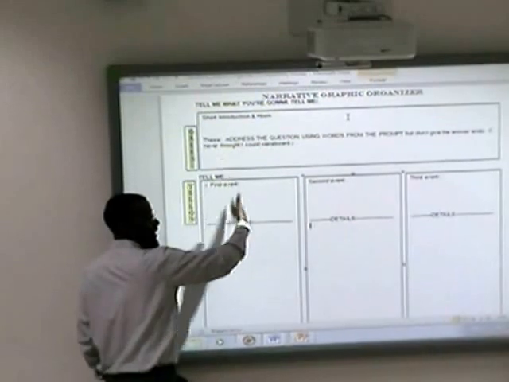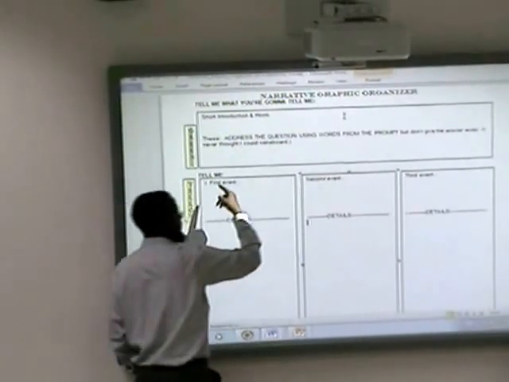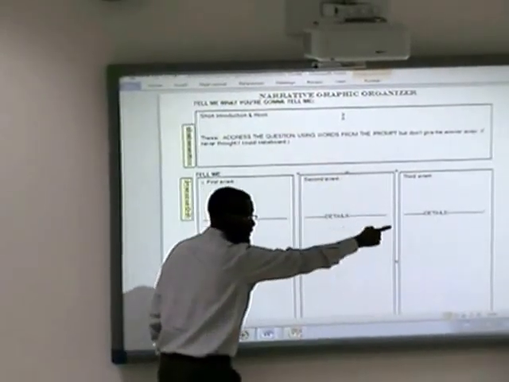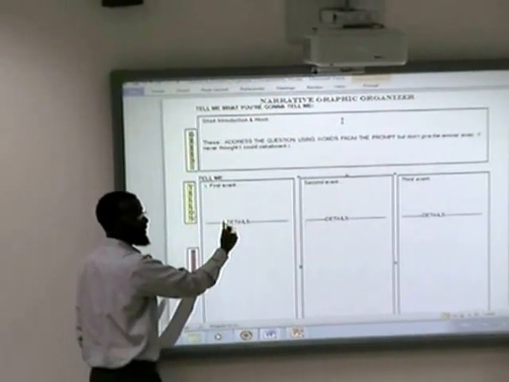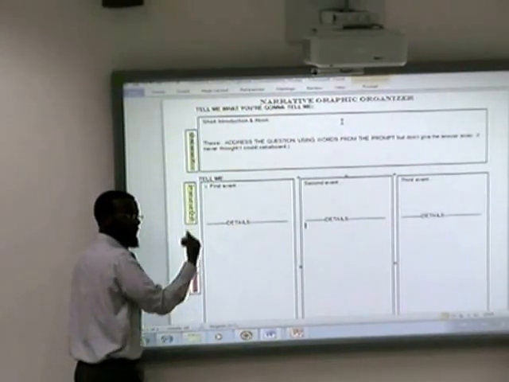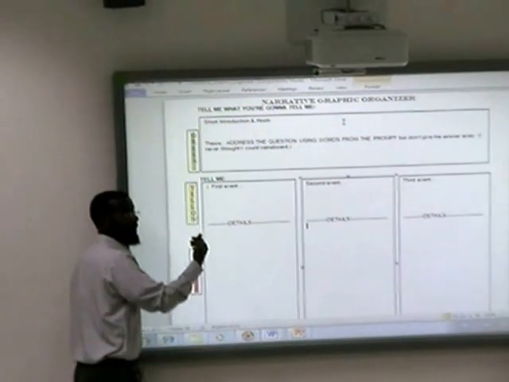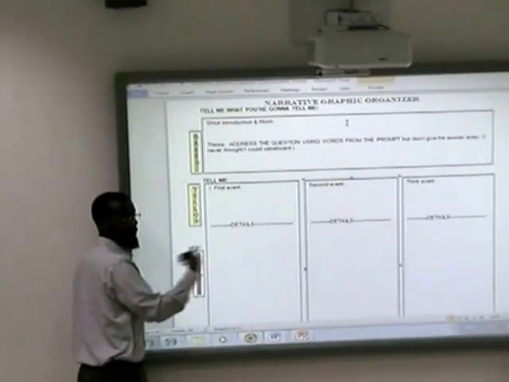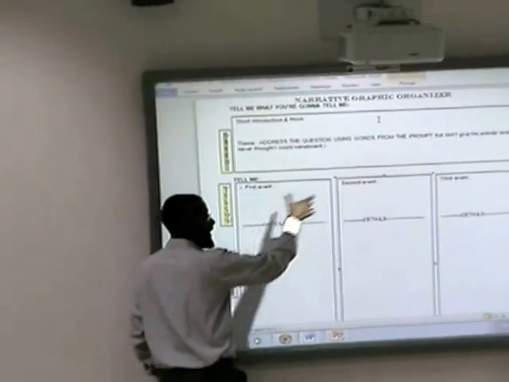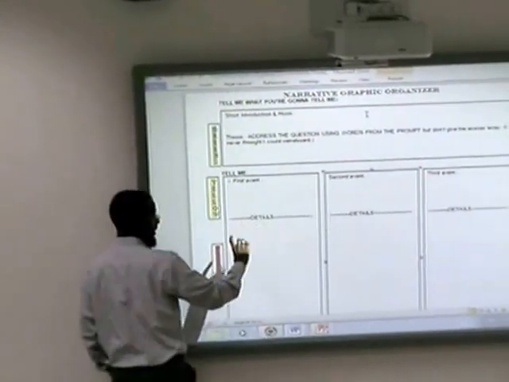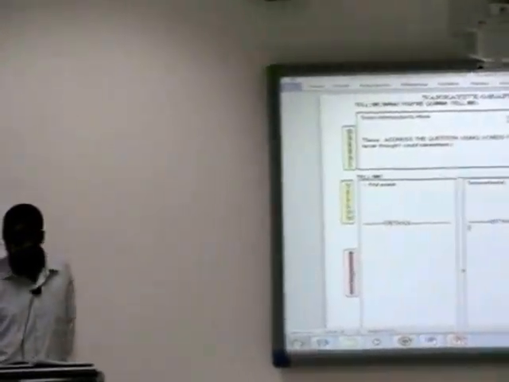And we have a number of events. First event, second event, third event. And in each one we have examples, details, explanations. What happened? Why did they get into trouble? How did they solve the problem? Who helped them? Who rescued them? So you have the event, and under each one you have the details, the red part.